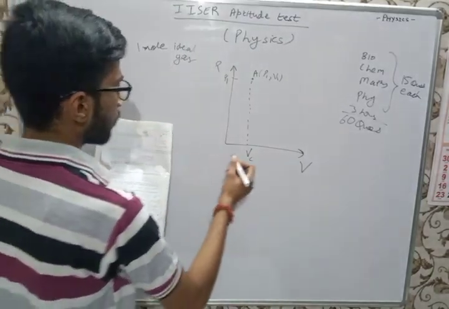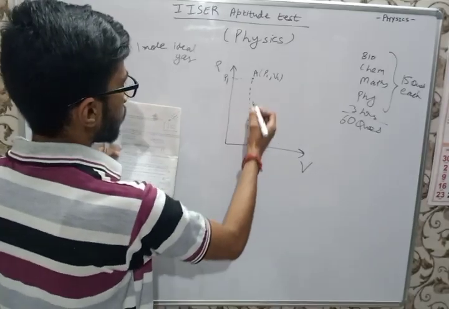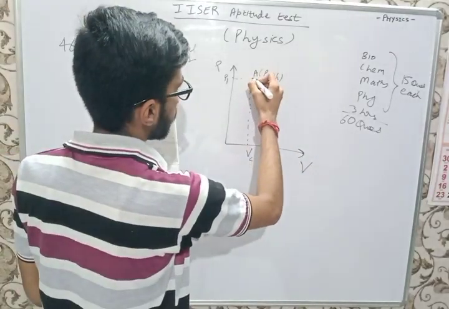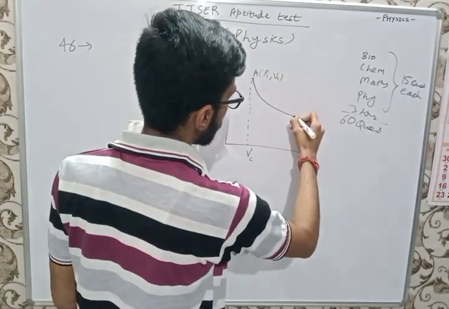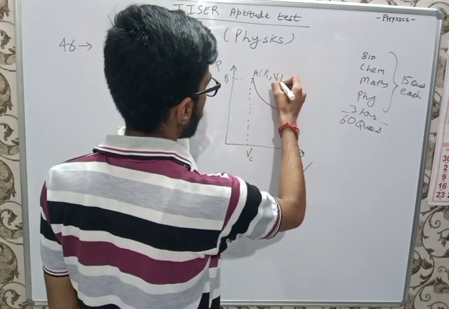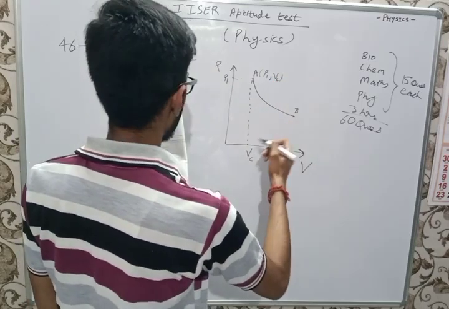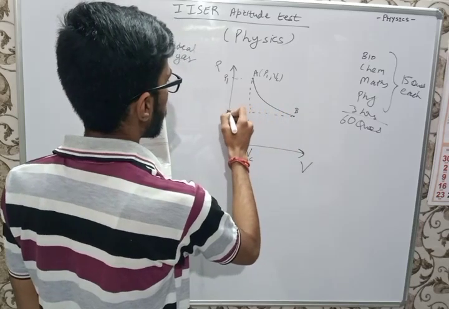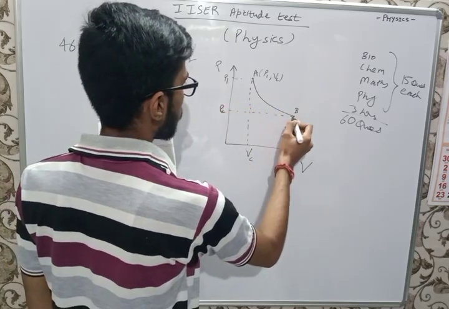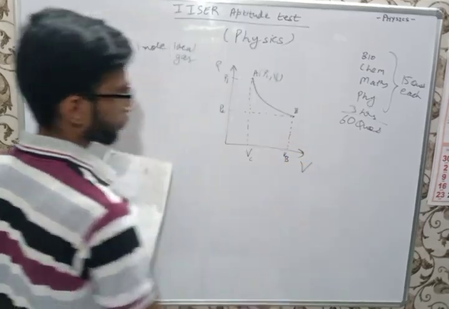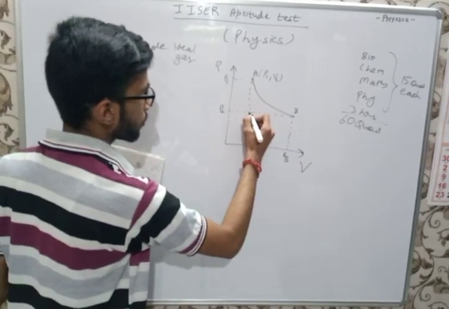In the question paper it is VC. You do some work and it goes to state B. So write it as VC, and it corresponds to the pressure P2 and volume VB. This point is C.